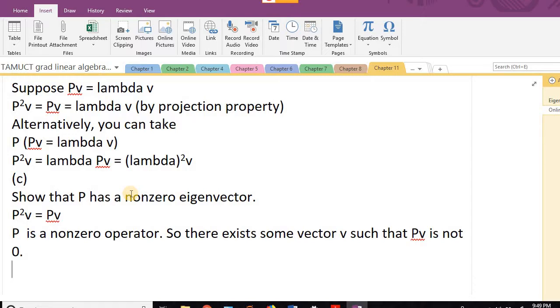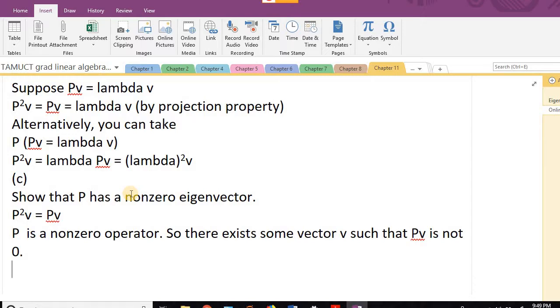Suppose I don't know what A is, but I tell you that for some value of X, AX is not zero. What does that tell you about A? A is not zero. So if P is a non-zero operator, there has to be some vector for which P gives you something other than zero.